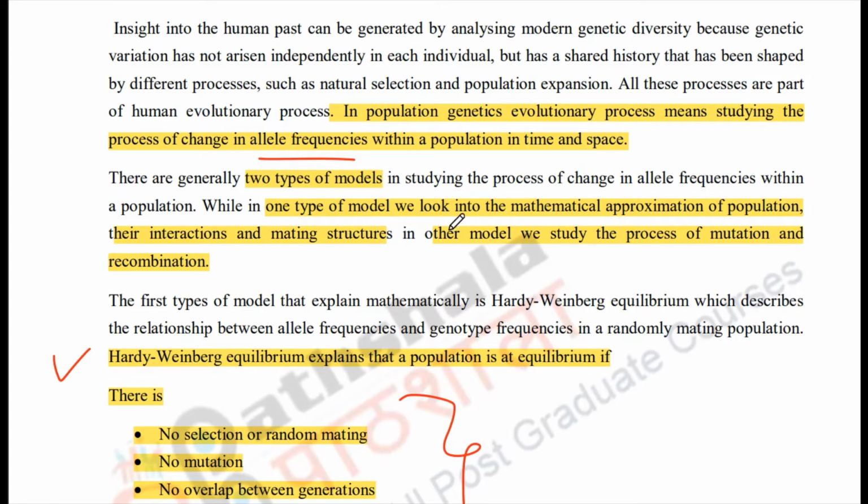First is deriving a mathematical approximation of the population structure, the mating patterns, and the interactions, both at the biological level and at the level of cultural interactions. And the other model basically talks about the processes of mutation and recombination.